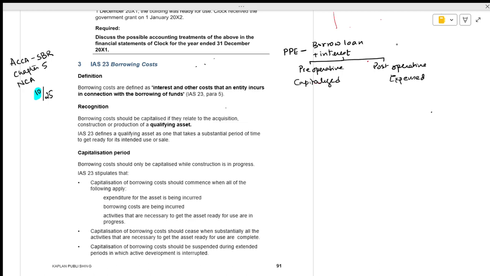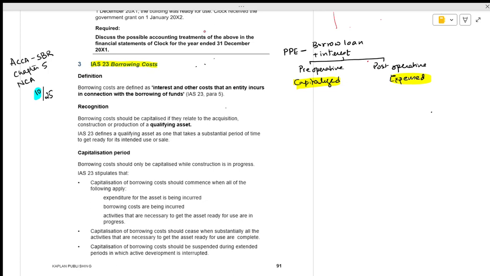If you have this clarity, it is more than enough for us. This is what is given in IAS 23 with respect to borrowing cost.